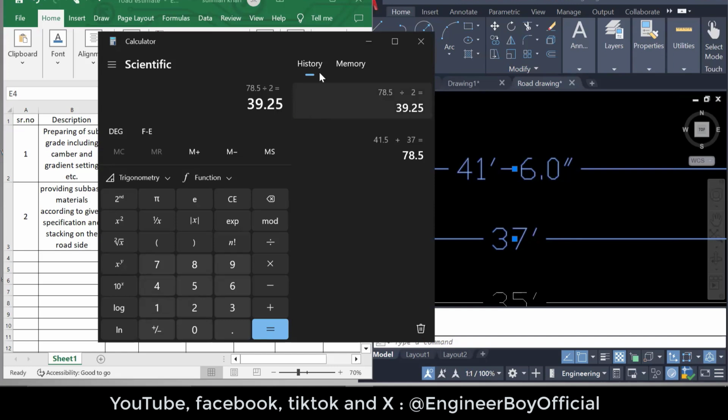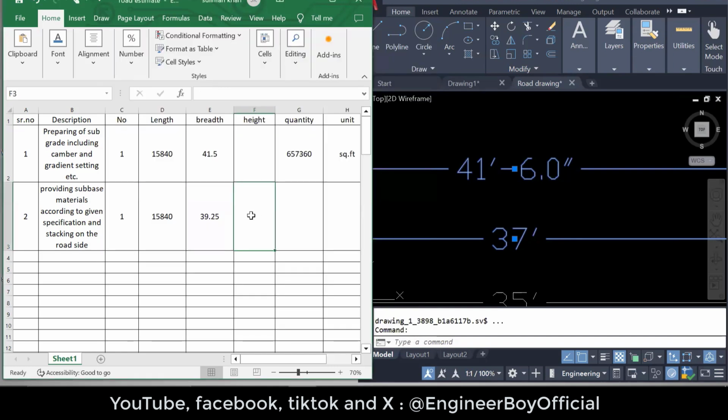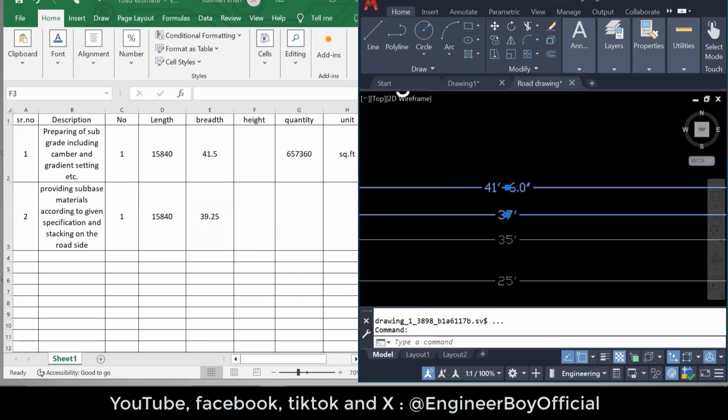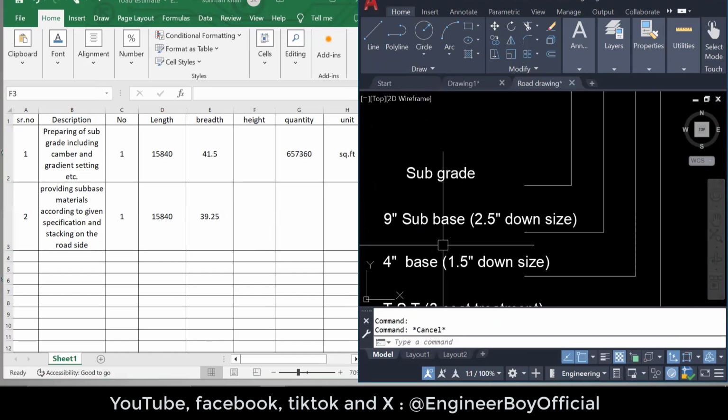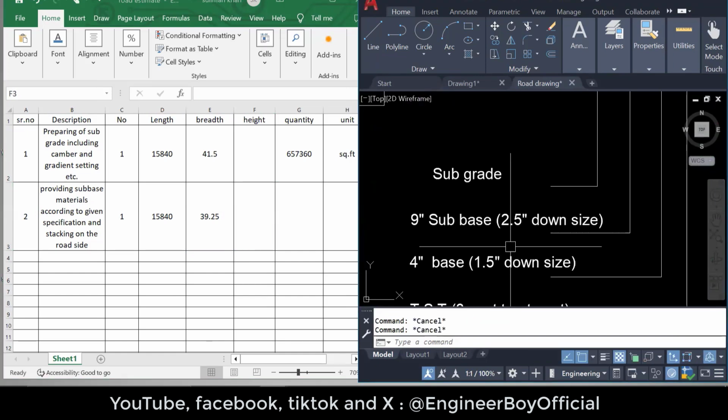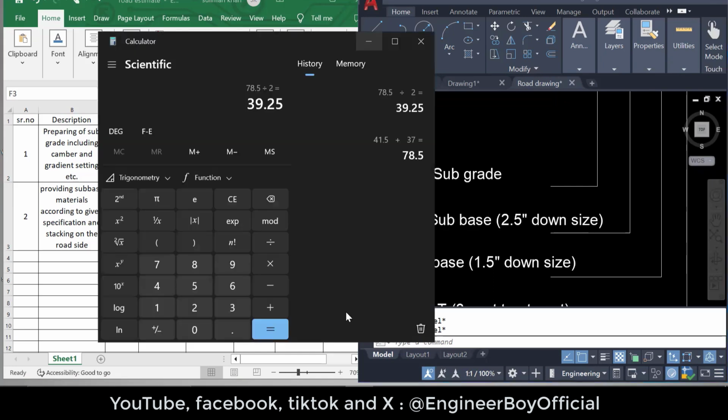Okay, that's good. Once we have the breadth, there is thickness for the subbase because we are calculating materials for the subbase this time. And what should be the thickness? It is already known over here, as you can see, 9 inches subbase. But should we take 9 inches or not? Of course not, because this depth should be increased, the same way as we did for the waterbound macadam road.